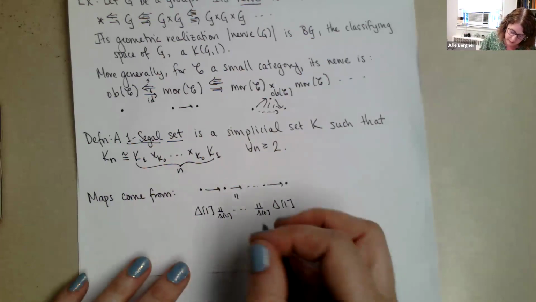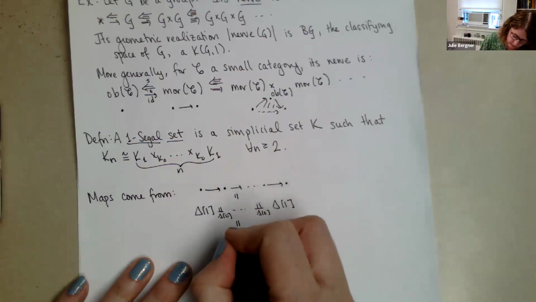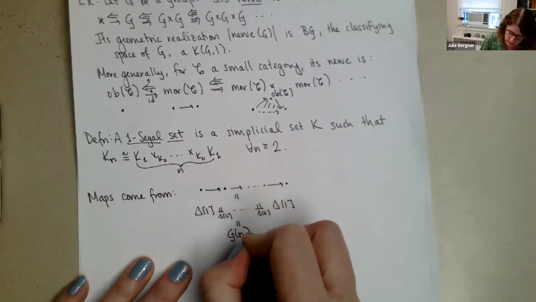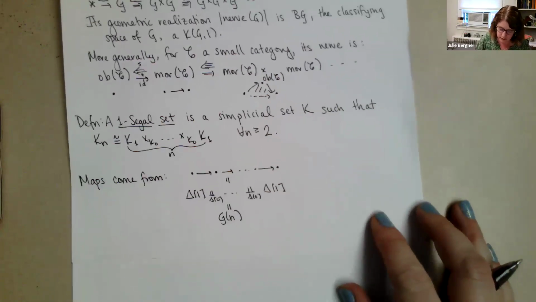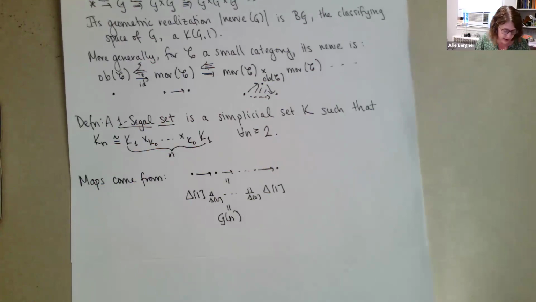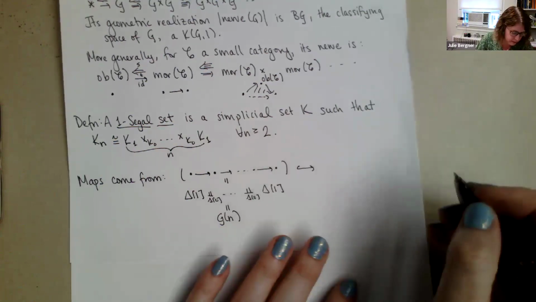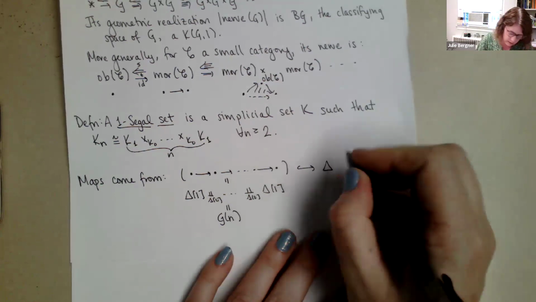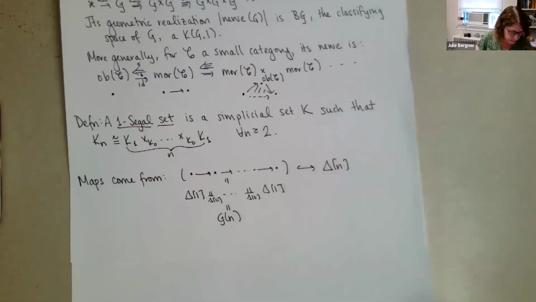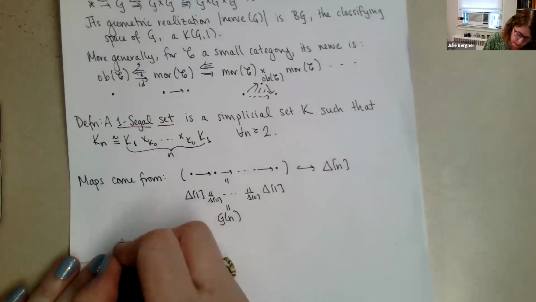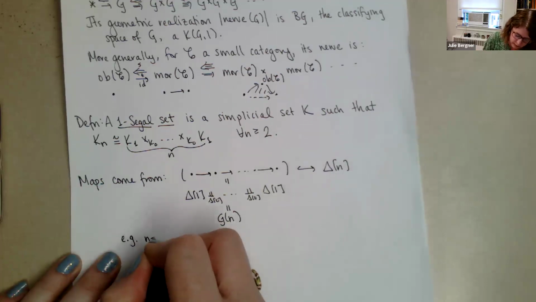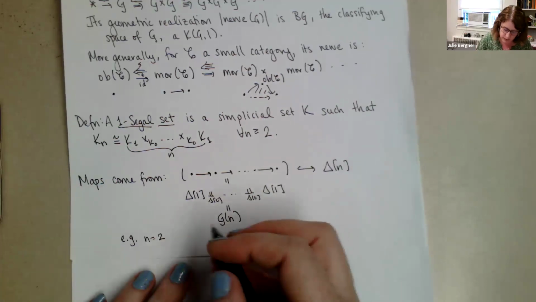All right, I'm going to follow reasonably standard notation. It's sometimes called a spine, or sometimes called G_n. And as a simplicial set, this includes into the n-simplex. So for example, when n equals 2, these are some of the pictures I've already drawn.